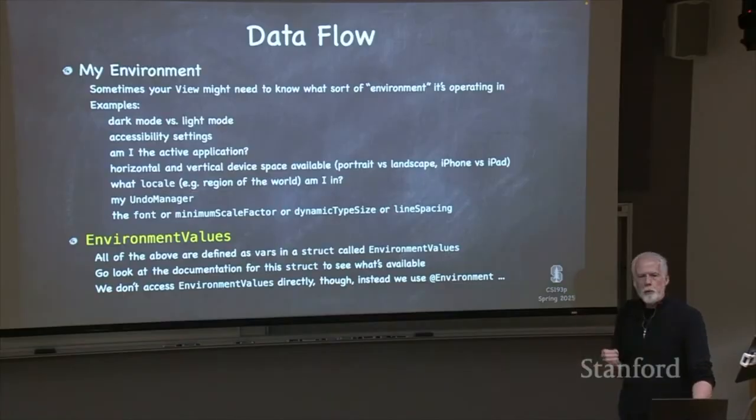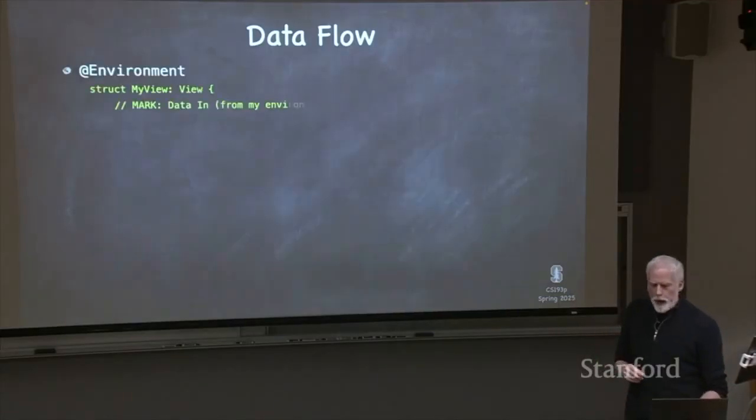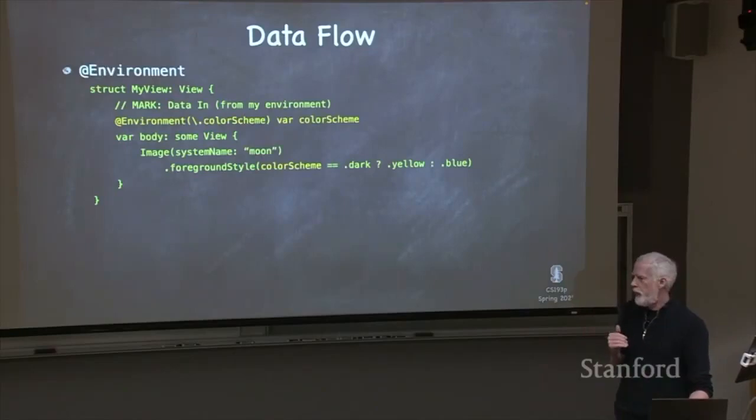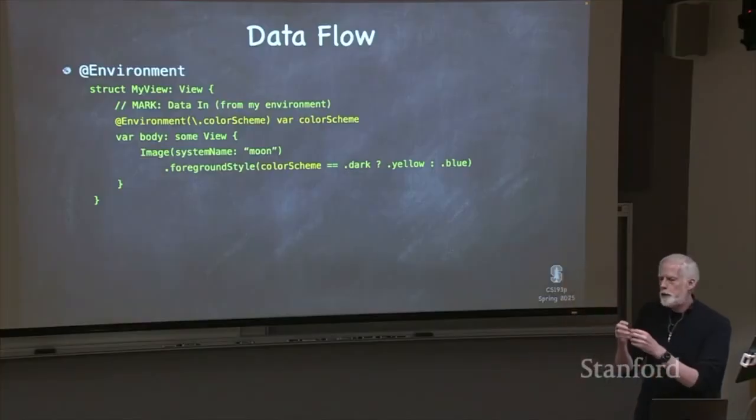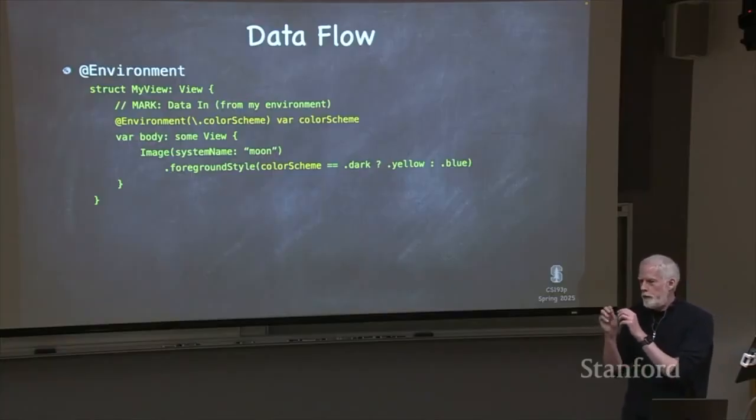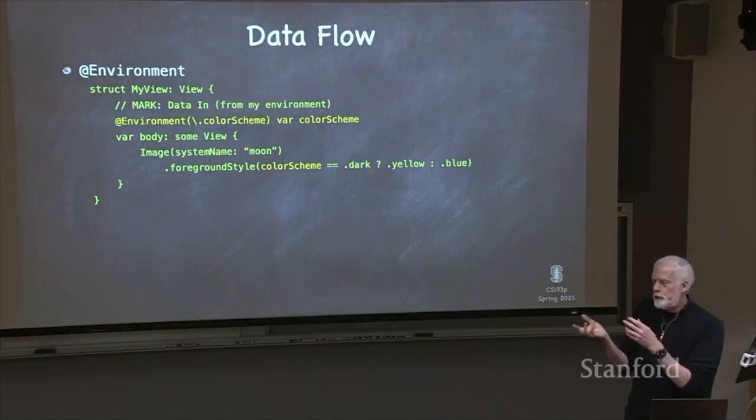But the interesting thing is we do not access environment values directly. You don't create one of these structs and get its values. Instead, we access it with this @ thing called @Environment. @Environment takes one little argument, which is the name of the var in EnvironmentValues that you're interested in, and then you give a local name to it, basically a variable name to use inside your view, which is usually the same name.